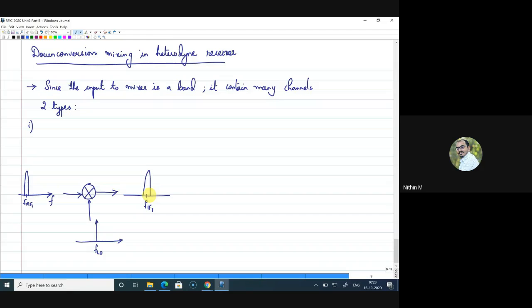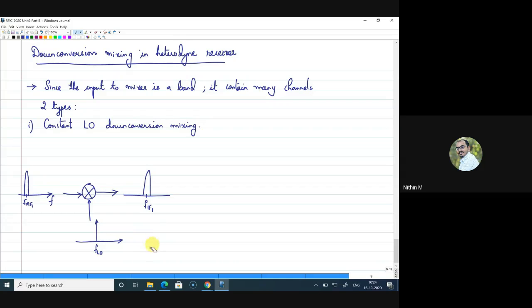What we can generally do is keep the LO frequency constant, so that each channel will be down converted into a different IF channel. Let me write that type here. The first type we call constant LO down conversion mixing, right?